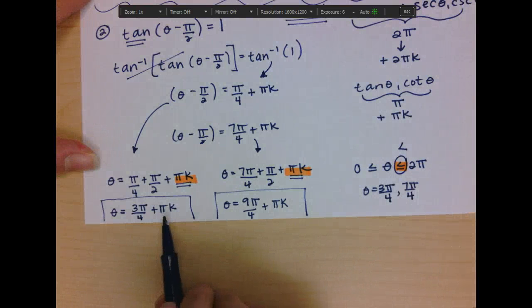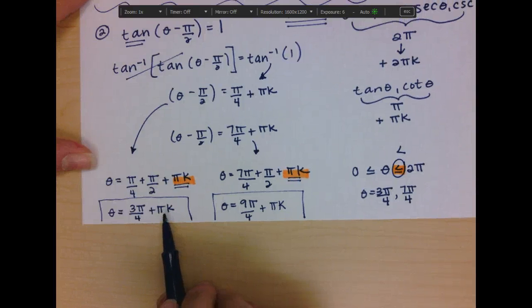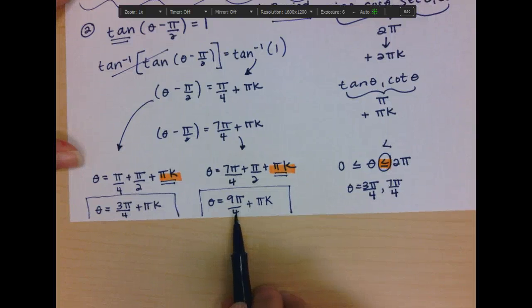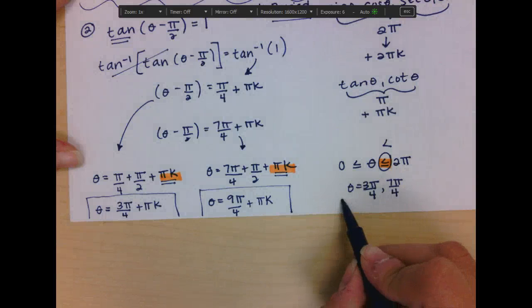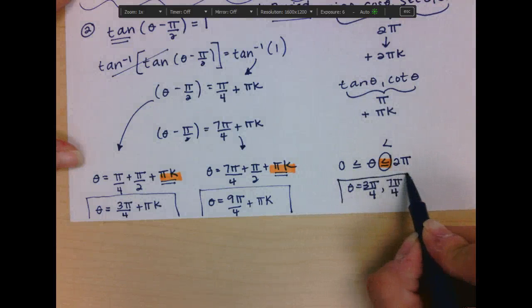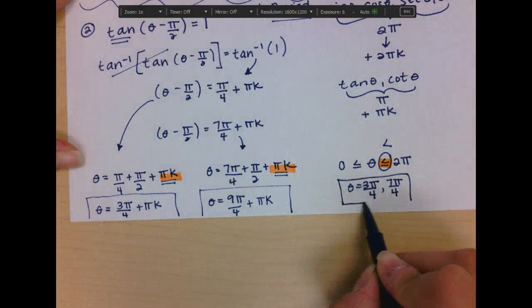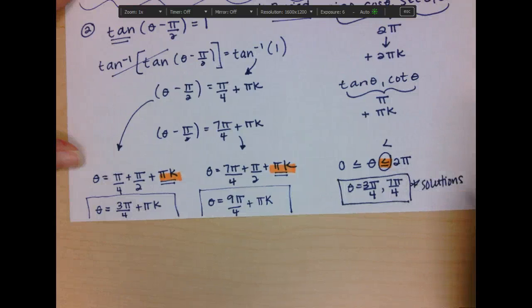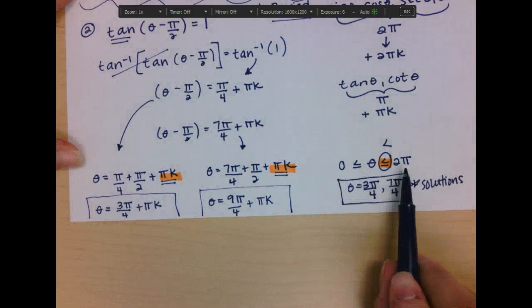If I add another pi to that, that's going to be 11 pi over 4, so that's too big, and that will be out. Take a look over here. Already 9 pi over 4 is too big, so that's also going to be out, and any additional period of that will be out as well. So these are the solutions that we're looking for between 0 and 2 pi.